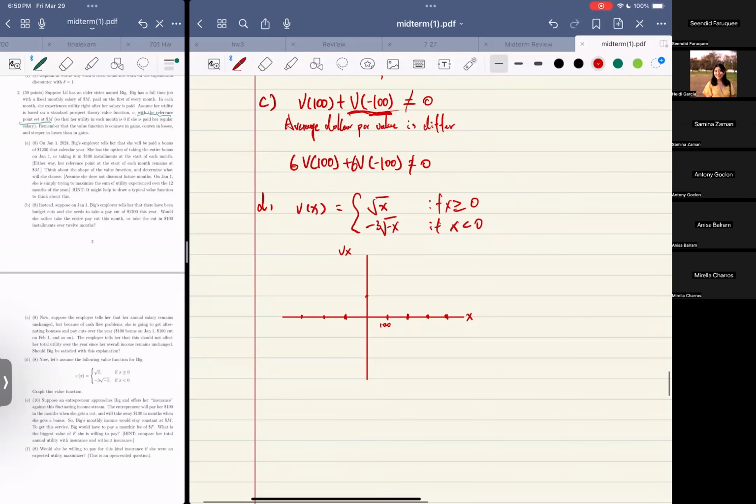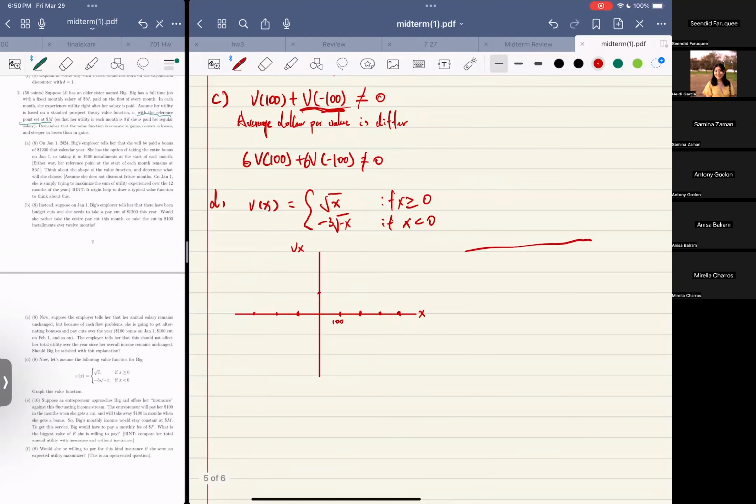For x, I have 100, 0, negative 100. If x is greater than 0, then it's this.